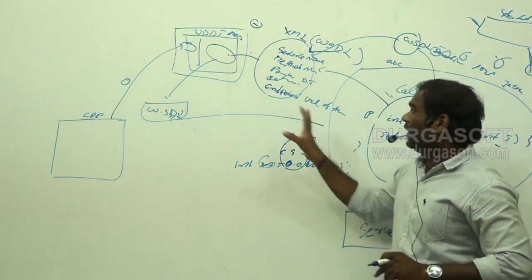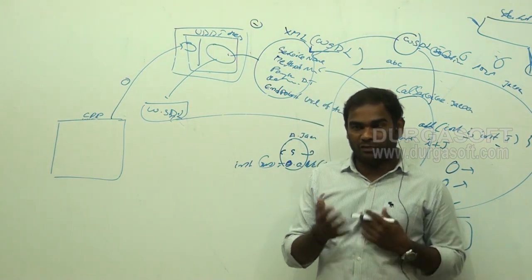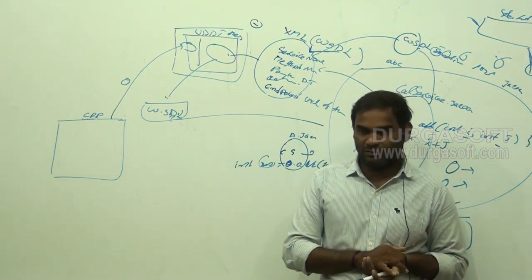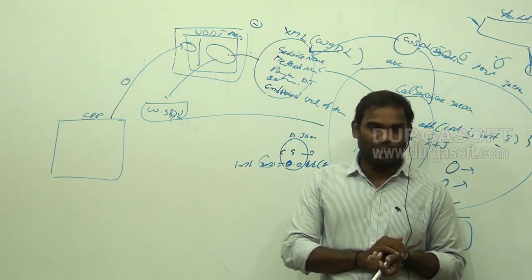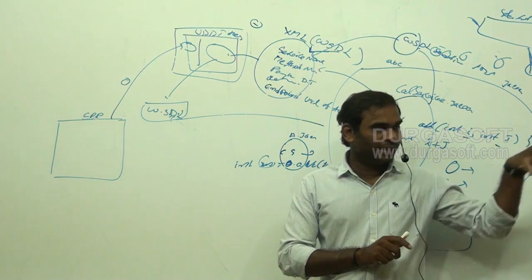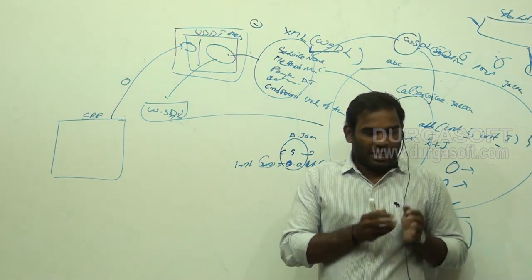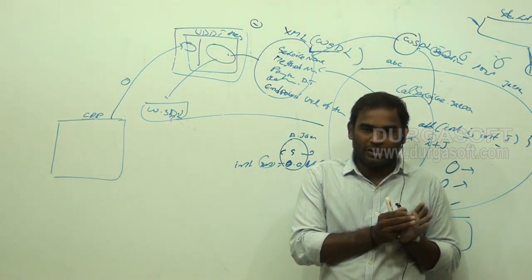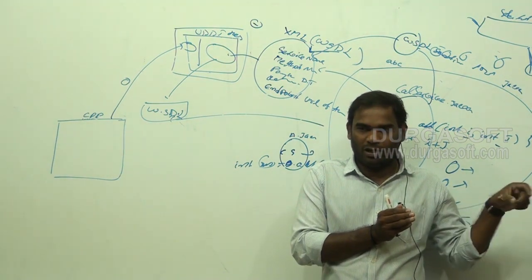Okay, fine. So when can we go for this approach? Let us say I am developing a web service. I want to make my web service a public web service. Public web service means, let us assume one cricket match is going on, right? I want to create one service. That service will get the cricket updates ball by ball or every second.